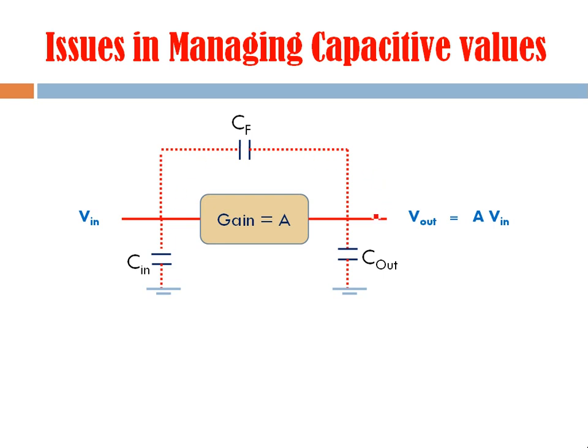Now for frequency response, most of the time we try to solve it at the output node, right? And that way we have to include all capacitive components which are connected at the output node. So this capacitive component definitely will be included here, and we need to include this capacitive component also, because that is also connected to the output node. But the problem is the second terminal of this is connected to the input node also.